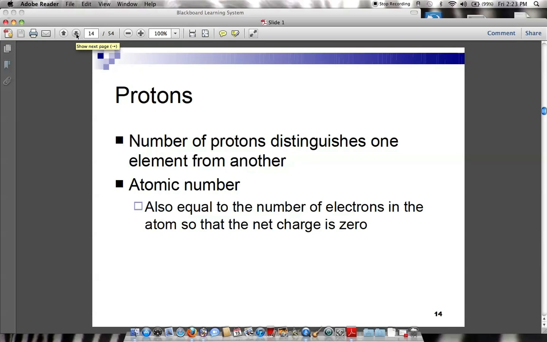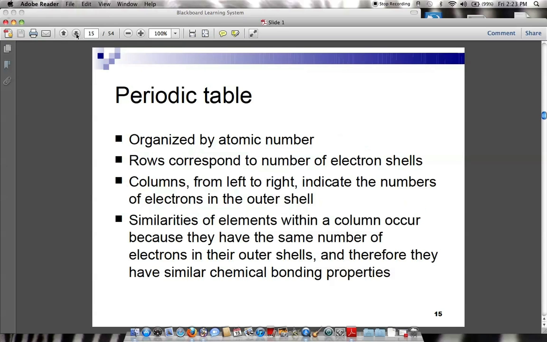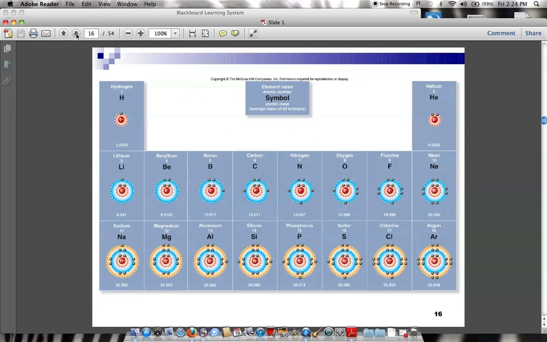So don't get too deep into this, because I don't want you to get all worried that I'm going to test you on specific numbers and what p orbital it is. I'm not going to do that. I just want you to know the basics.